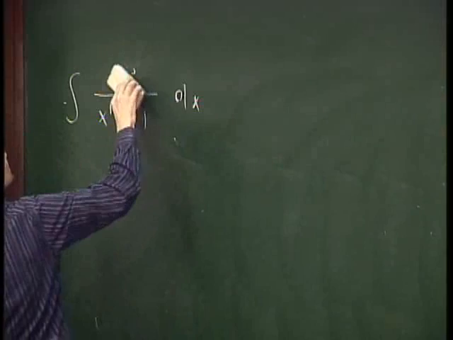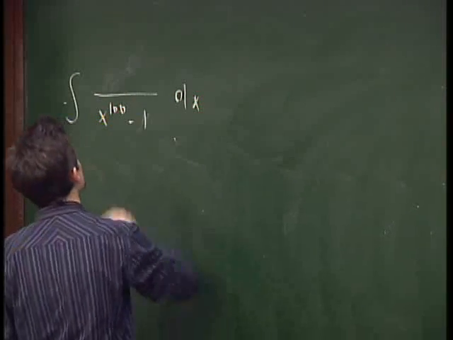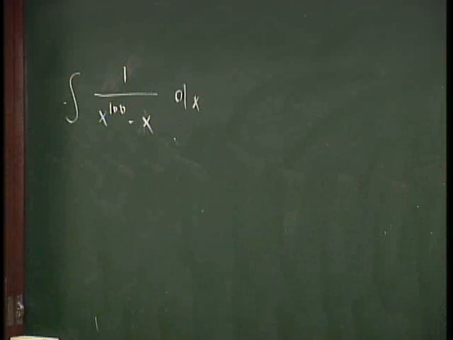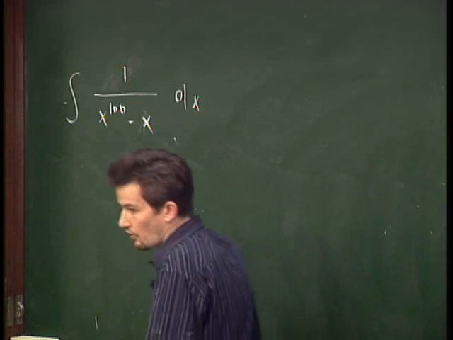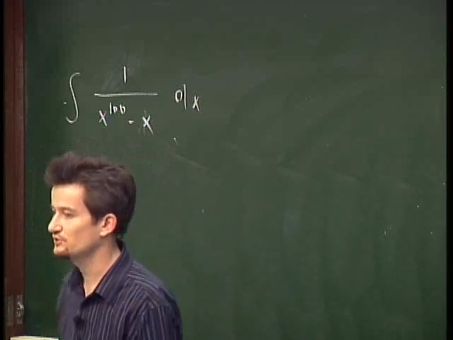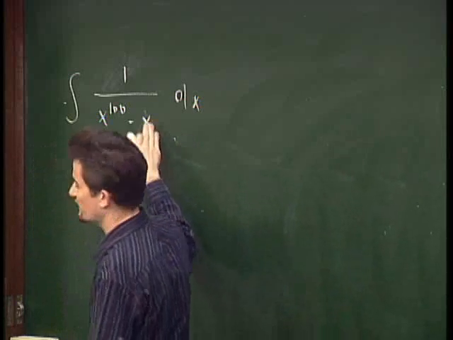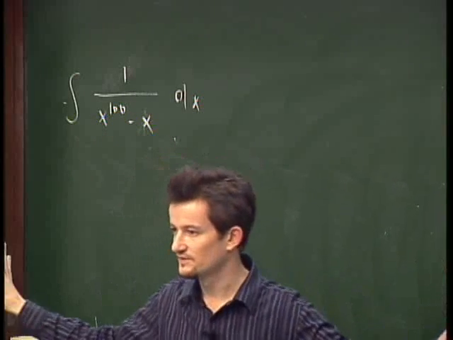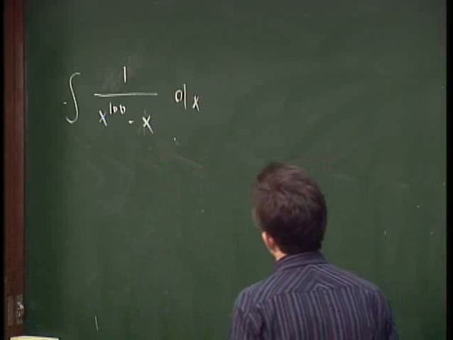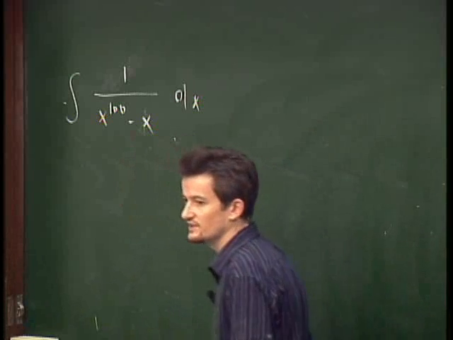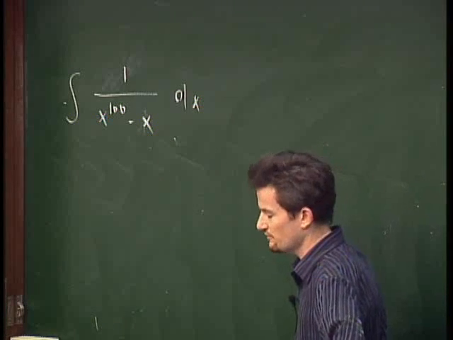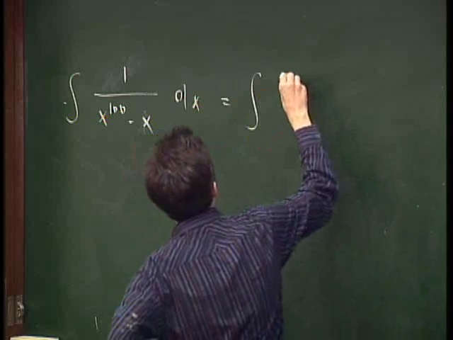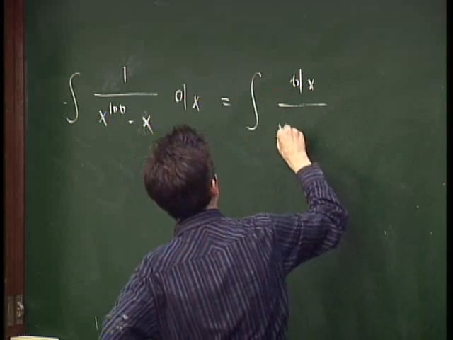But maybe one which is even more tricky is this one. For this one, one possibility again would be using the method. You see, this is a proper rational function. Now you factorize the denominator, which gives you many, many terms, and then you set up the problem and solve it. This would be one method, but it's easier here to figure out the following substitution.